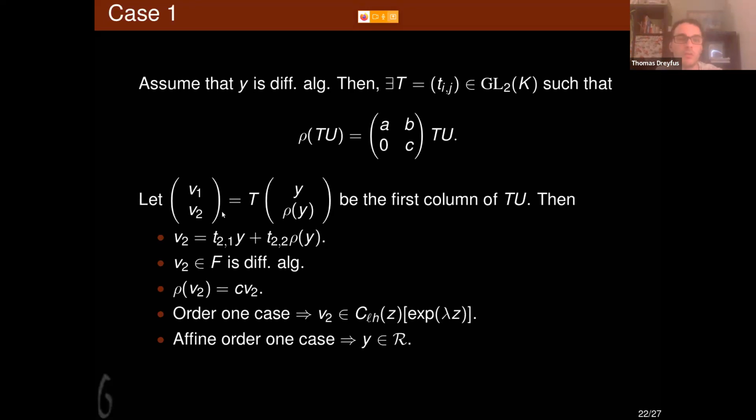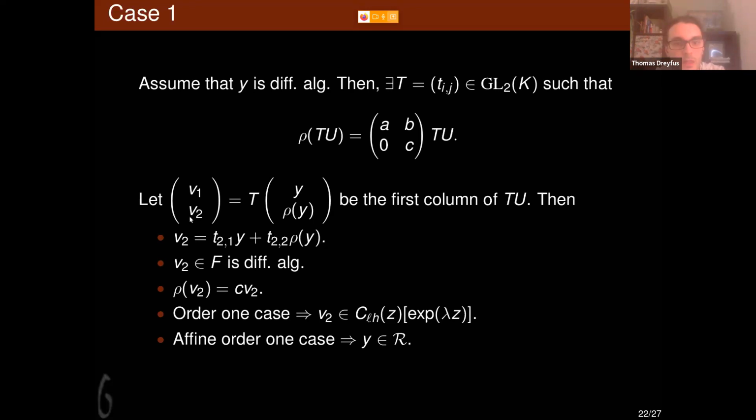So if y is differential algebraic, then v1 and v2 have to be differential algebraic. And if y is meromorphic over C, it's the same for v1 and v2. So in some sense, I'm just saying that instead of considering an arbitrary equation, in that case, I may consider a triangular situation.